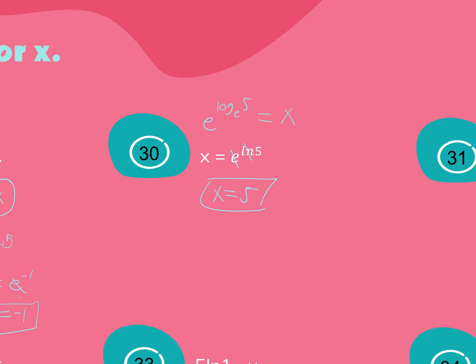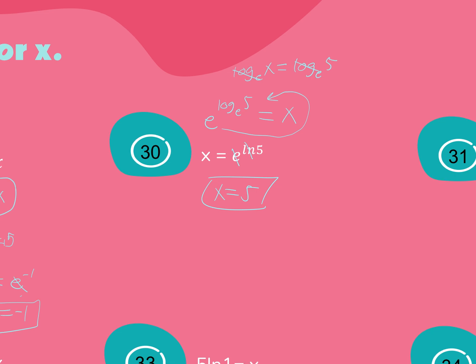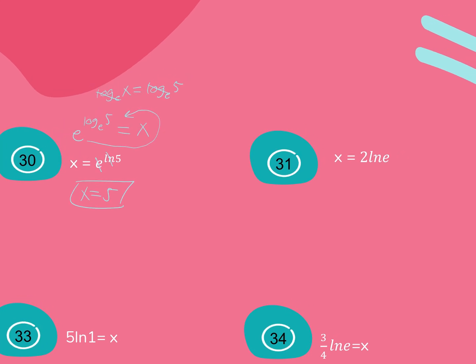Or even if you didn't, change it to a logarithmic equation. Then you get log base e of x equals log base e of 5, and then you can cancel out your log base e's, and no matter what, you still get x equals 5. So lots of different ways to do it, but they're all pretty straightforward and simple.